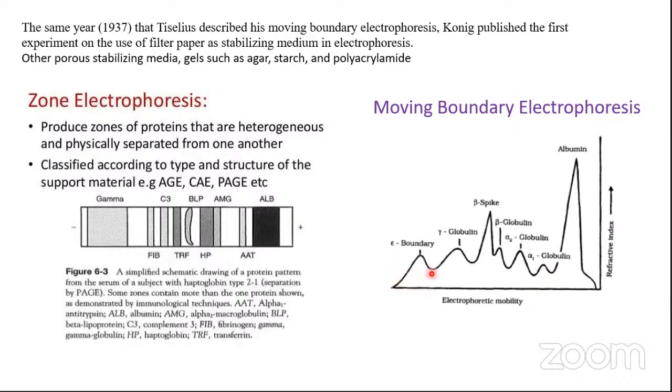If you can see my cursor, this entire area is of the mixture, which is above the baseline, and the area under the peak represents the concentration of the sample. So if you're looking at the concentration of, say, gamma globulin, it is highly concentrated here, but you cannot say that it has separated from epsilon globulin or beta globulin. Is the concept understood?